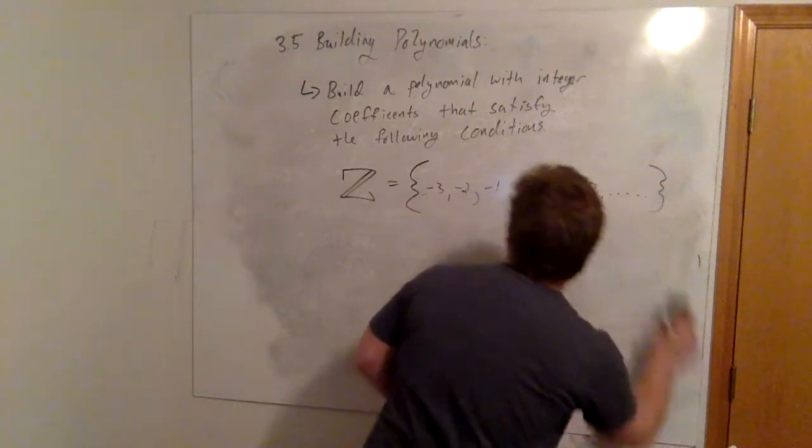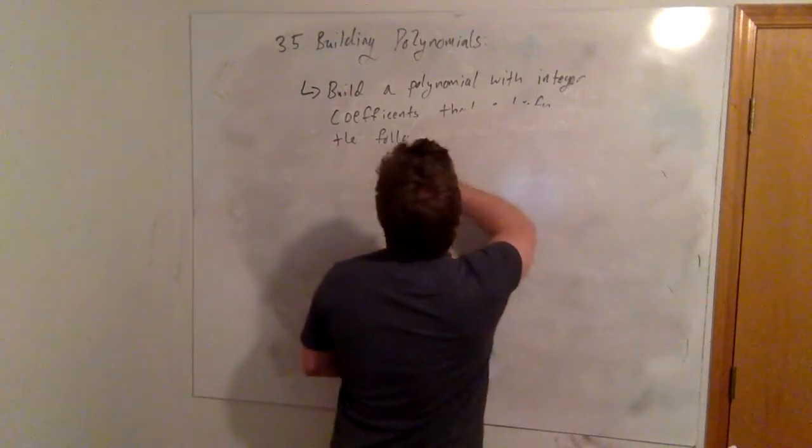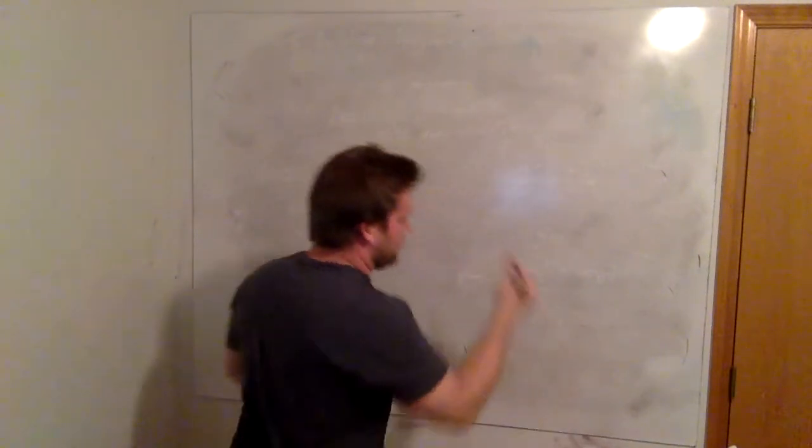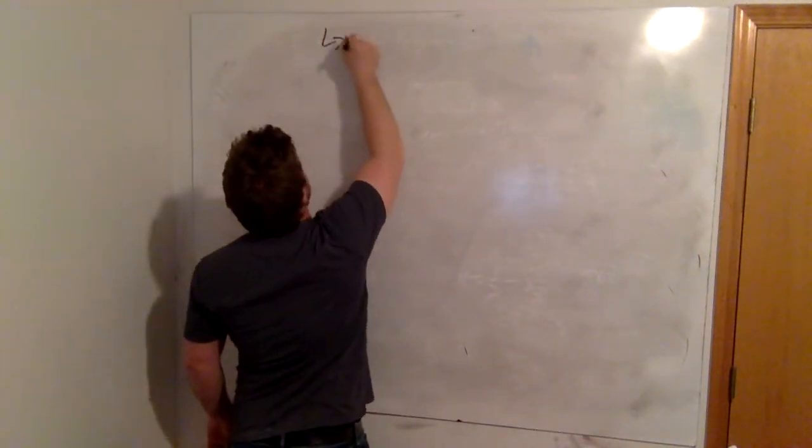Okay, our first example. What are the conditions? They have to have integer coefficients, so we're always going to have that for these problems.